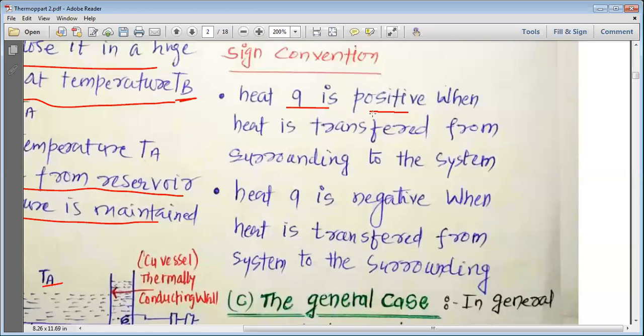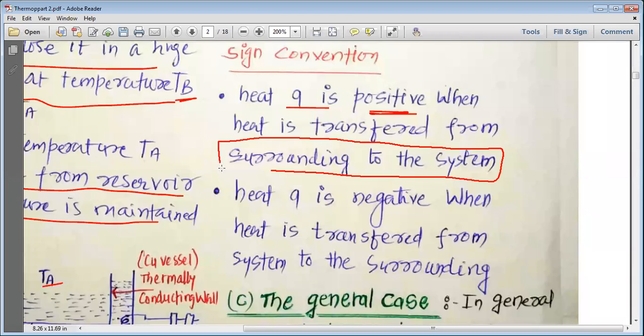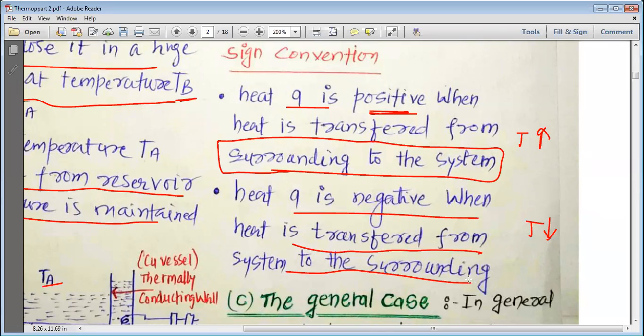Heat Q is positive when heat is transferred from the surrounding to the system. When heat is transferred from the surrounding to the system, that means the temperature of the system increases, then we can say that heat is absorbed and the value of heat is positive. When temperature decreases, that means the heat is negative when heat is transferred from the system to the surrounding.